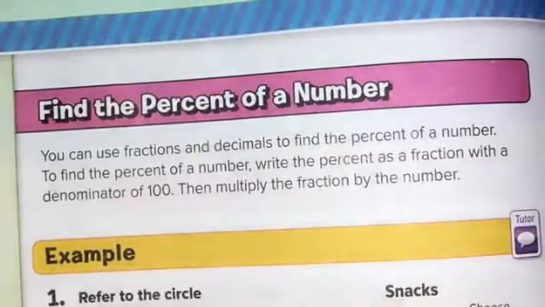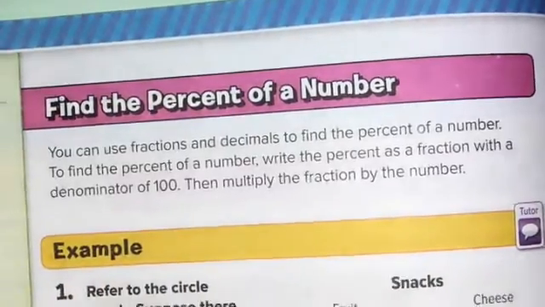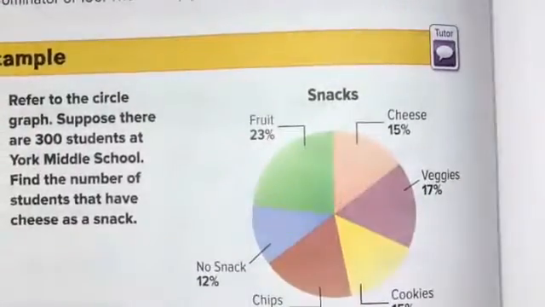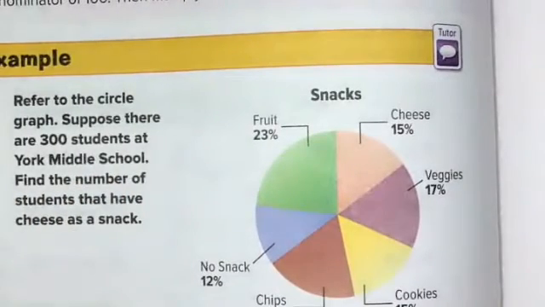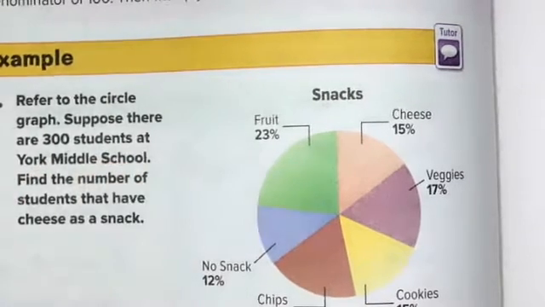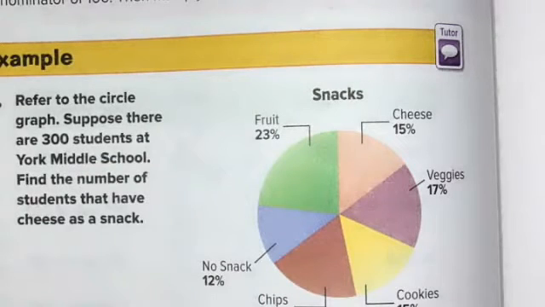So here's another example. We have this circle representing the snacks that students at York Middle School chose as their snack of choice. So this middle school had 300 students, and we want to find how many students chose each of these different snack items as their preferred choice.